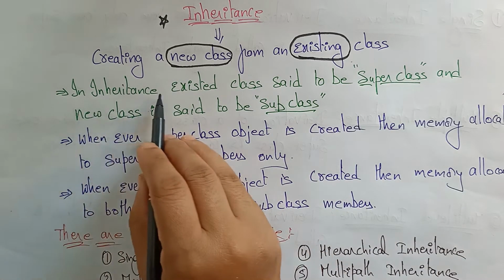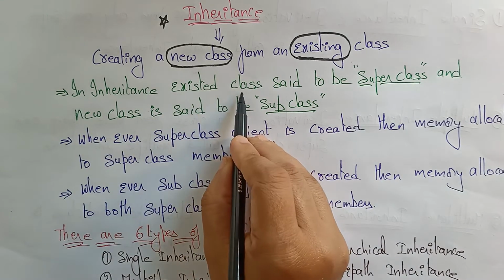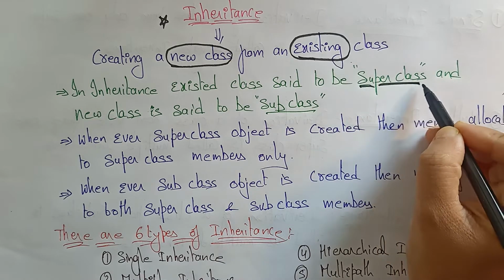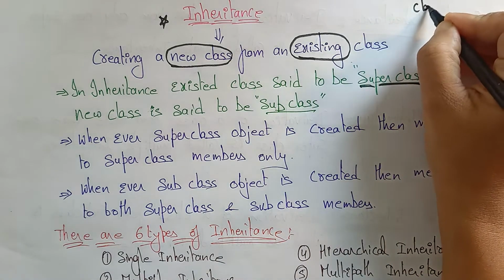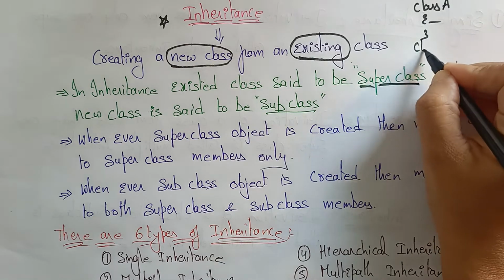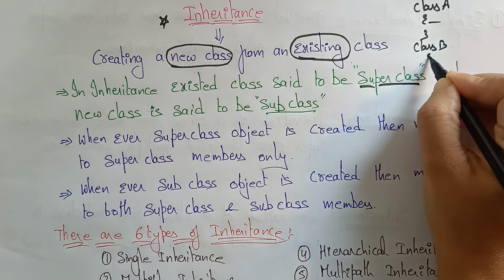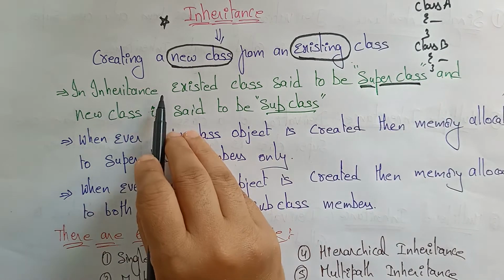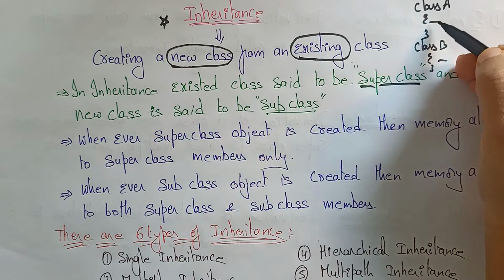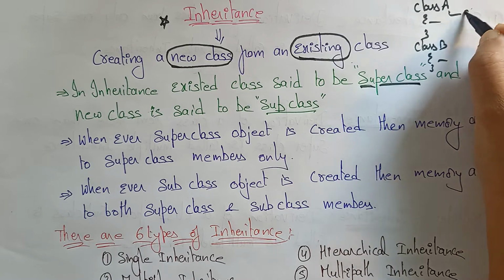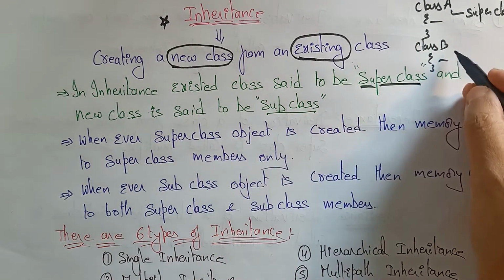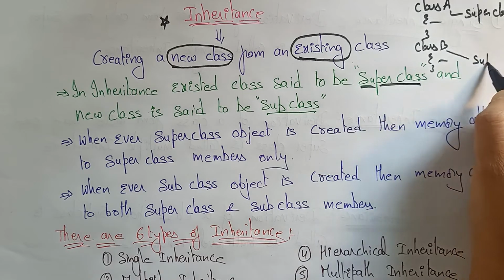In inheritance, the existing class is called the superclass. Suppose there is class A and then class B. In inheritance, the existing class is said to be the superclass, so class A is created first; this is the superclass. The new class is said to be the subclass.